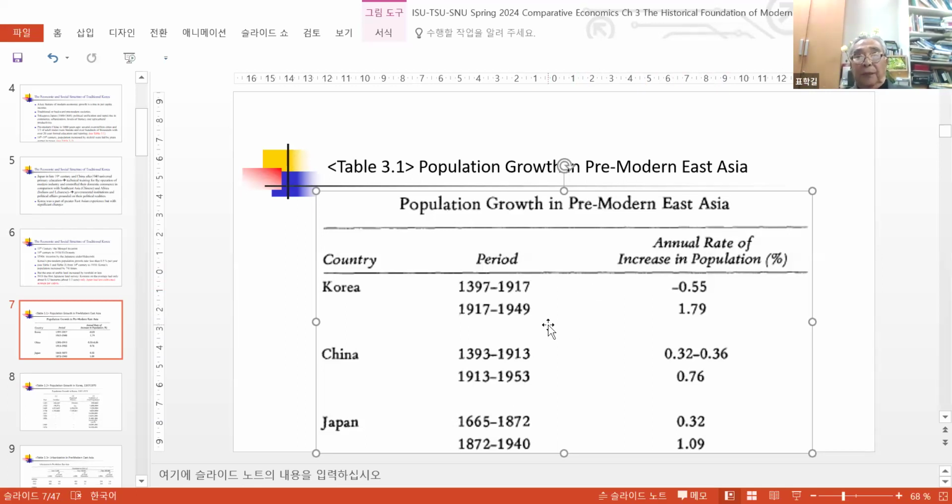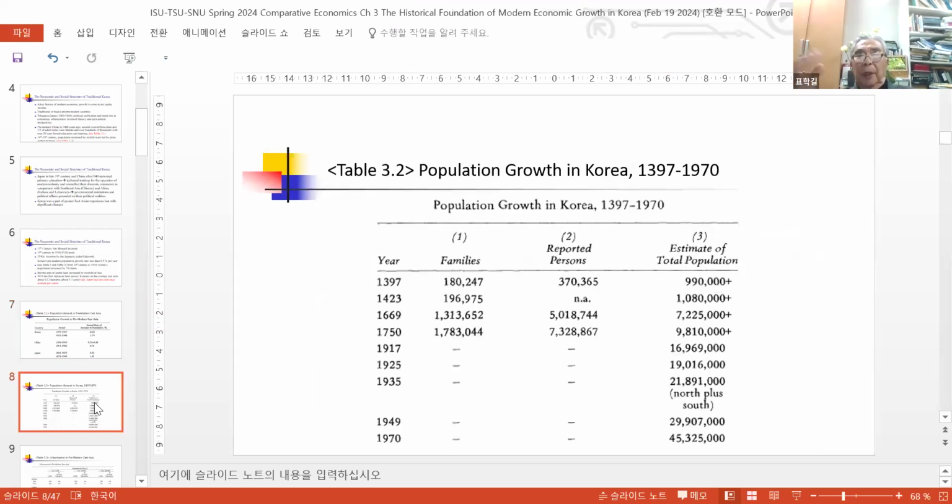It's only after Japanese colonial rule that Korea regained a positive annual rate of increase in population. So population statistics are important not only for the demand side, but also for the supply side. Population growth in Korea, 1397 to 1972.